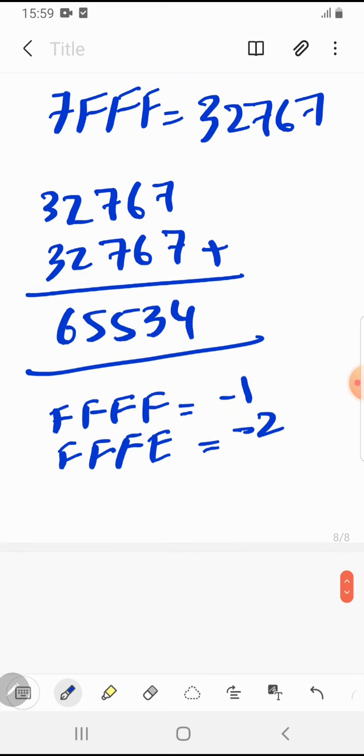And similarly, if you go back, if you have FFFD, you will have -3. So the signed overflow occurred in this case. However, the unsigned interpretation of FFFE is 65534, which is the right answer. So there is no unsigned overflow, but there is the signed overflow.